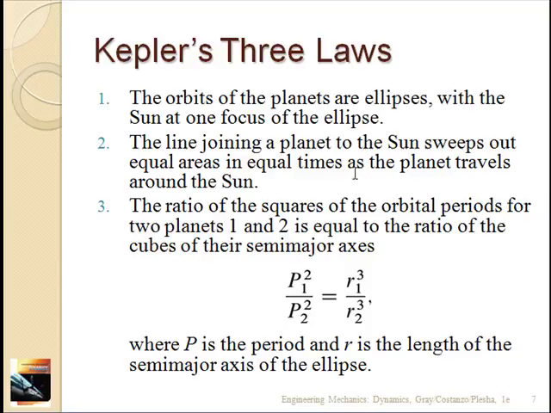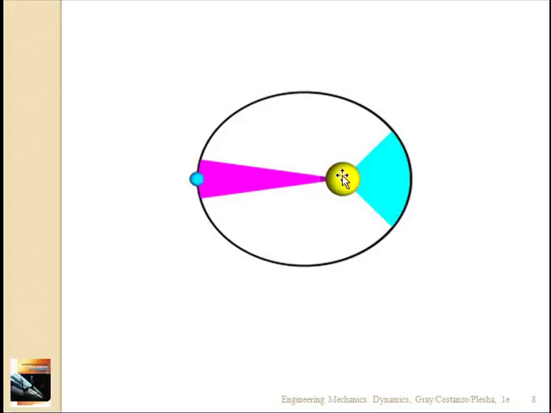He deduced that a line joining a planet to the sun sweeps out equal areas in equal times as the planet travels around the sun. Let me just give you a quick picture of that. So if this is the sun and this is some planet, it's traveling in this elliptical orbit. If you start, for example, at this point and it moves to this point along the arc of the orbit, then it sweeps out this blue area.